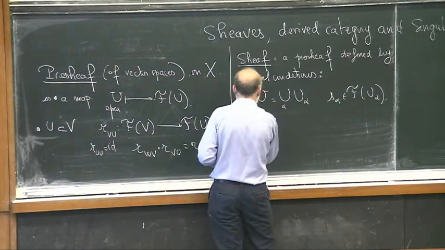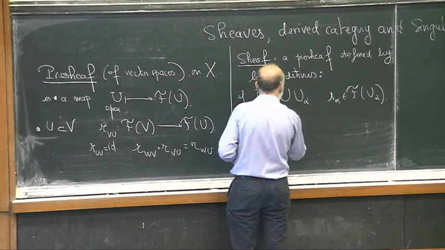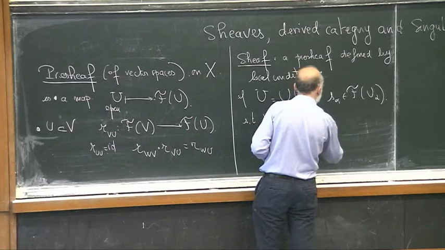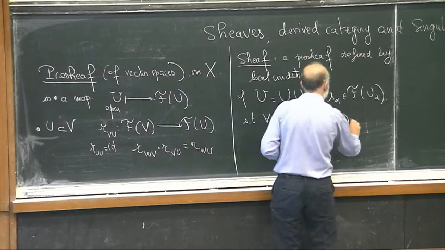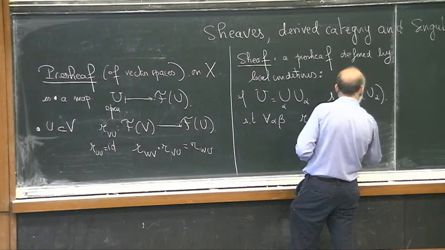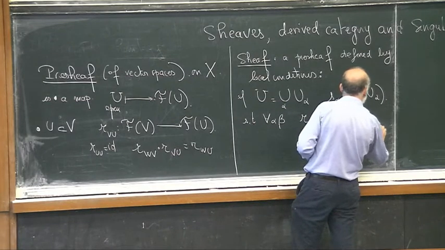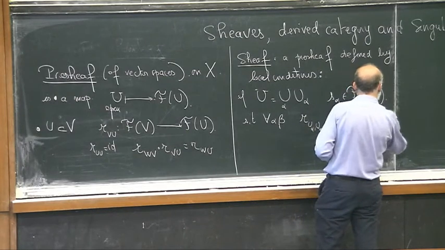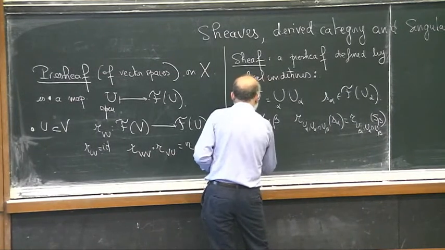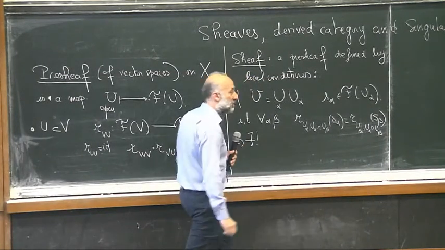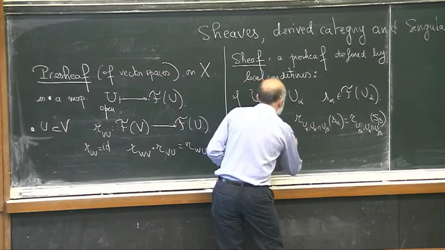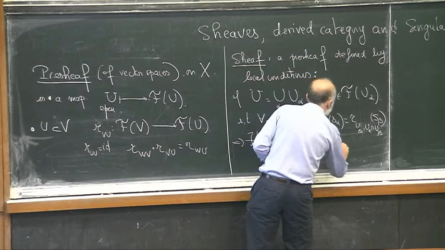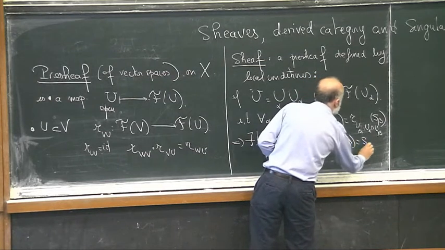So if you have S alpha such that for any alpha and beta, the restriction to U alpha intersection U beta of S alpha coincides with the restriction to U alpha intersection U beta of S beta, then there exists, and actually there exists a unique S in F of U such that the restriction of S to U alpha is S alpha.